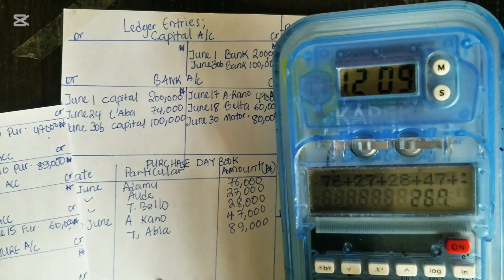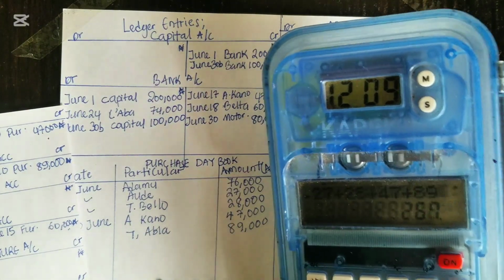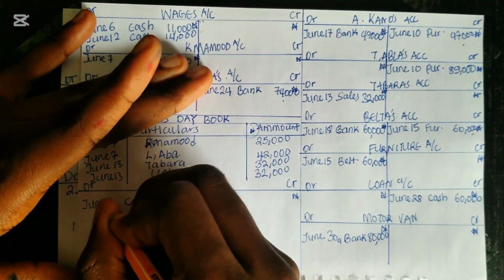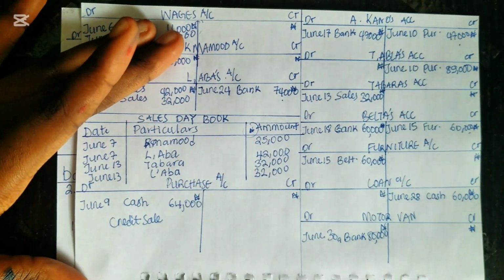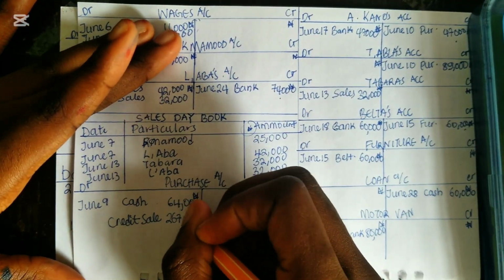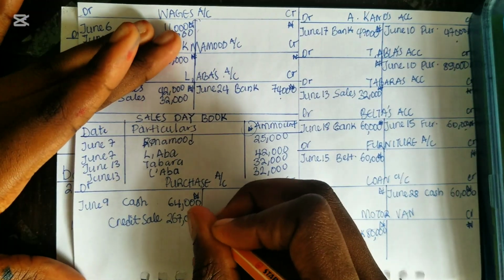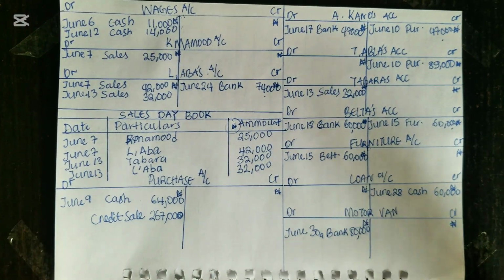That's 267. So we can just write credit purchases here. How much do we get? 267,000. So now we have done this, so now we can balance our accounts.